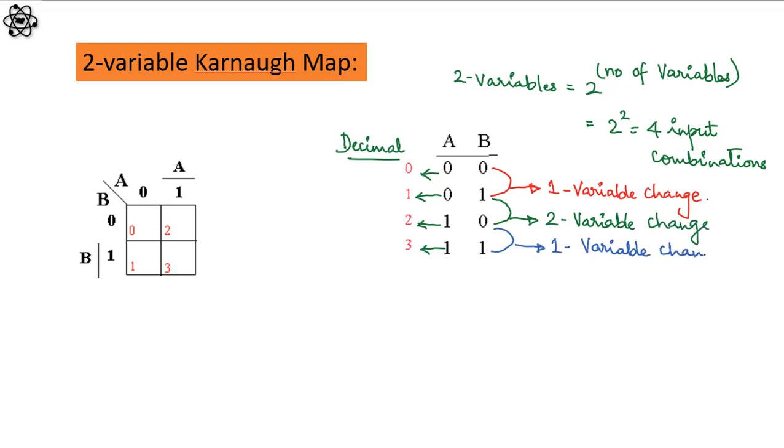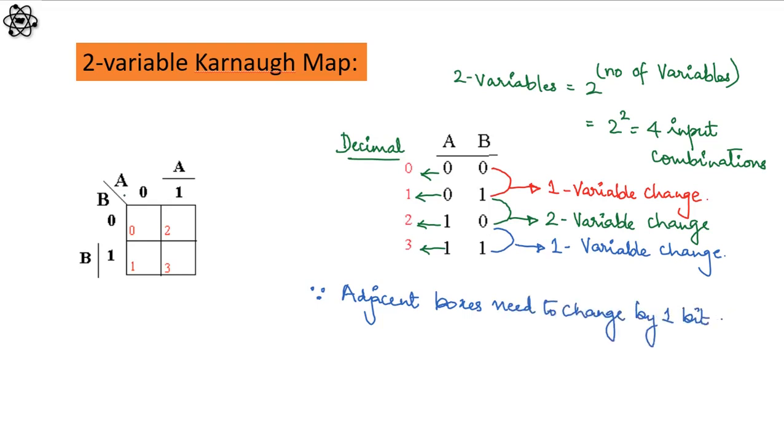As a rule of thumb, I need to ensure that vertically and horizontally, that is column wise and row wise, there is only one variable change between the adjacent blocks. That is what has been shown here. So you can see that the placement of the decimal notations is done very carefully, ensuring that they differ only by one variable.